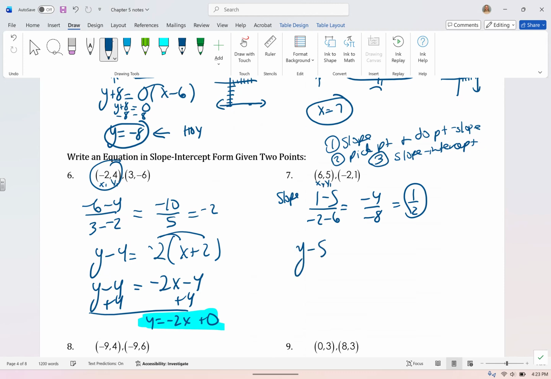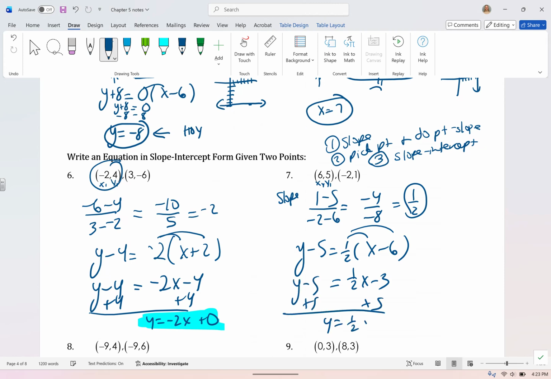So y subtract 5 equals 1/2 x subtract 6, distribute 1/2 x minus 3, and solve for y. And that'll be our equation. And if you want to see how I took a half times -6, I put it over 1, I times the top, I times the bottom, and I divided that, and that gave me -3.